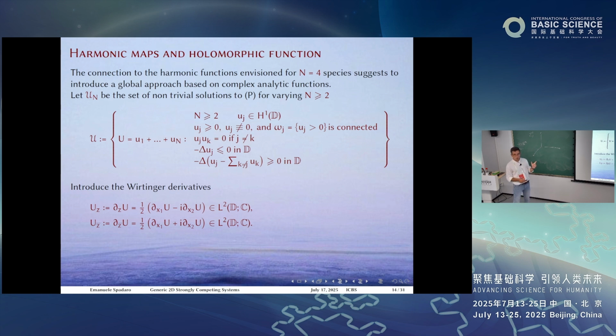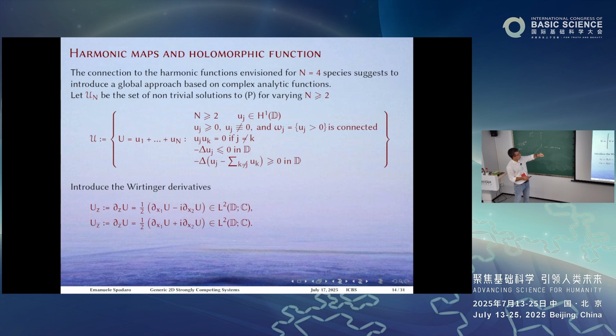So the point of view we adopted was, in some sense, closer to this harmonic map approach. And indeed, in this four species case, the conclusion was reached by going into harmonic functions. So what we considered was not only the space of n species having these n boundary values which are connected, but the space of all solutions.